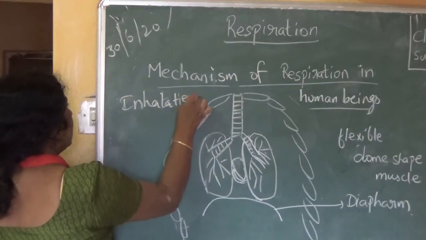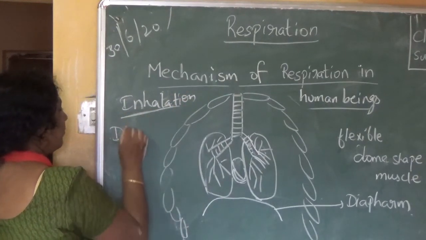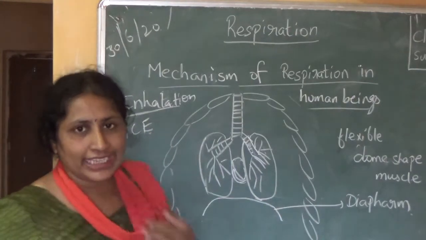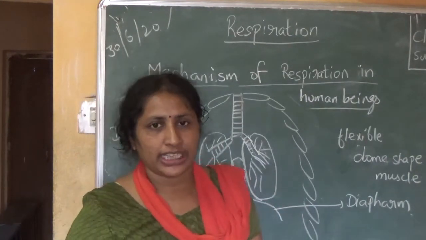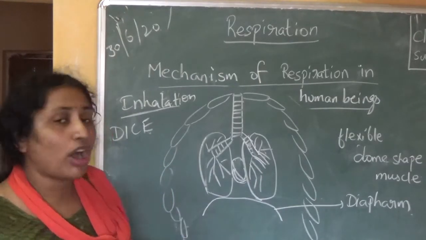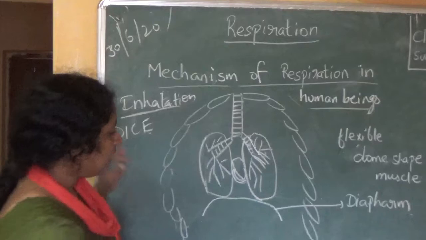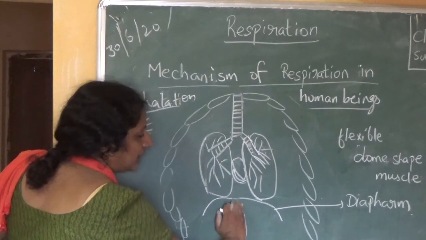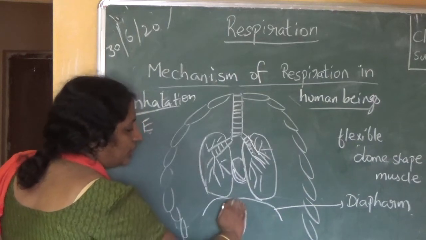Just remember this. I will give you some code words. Okay. So while inhalation, what happens to the diaphragm? While inhalation, the diaphragm contracts. Means this is our diaphragm. It will contract. Means it will just come down, somewhat come down.